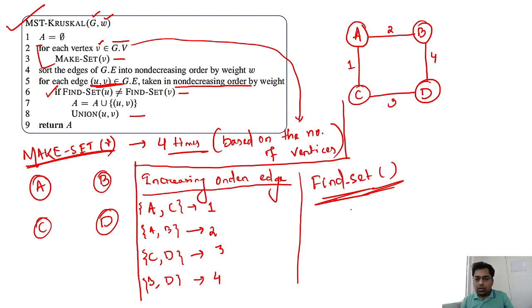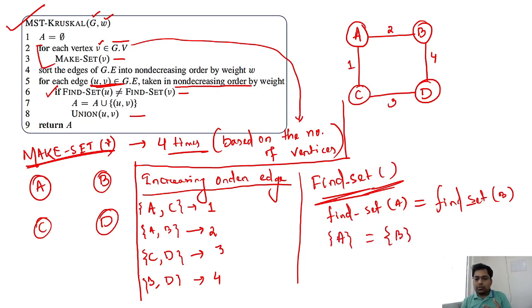For this edge, find set a should be equivalent to find set b or not. Before that, each is individual, so we cannot say both are equivalent. We can go for union. Here in this case we will go for union.